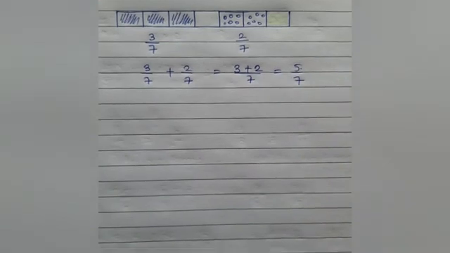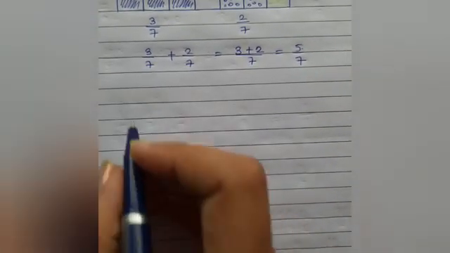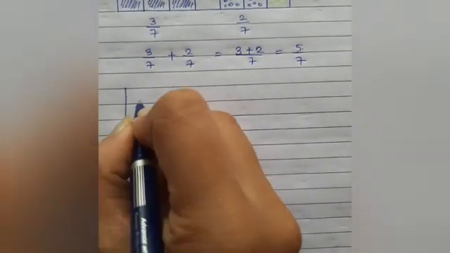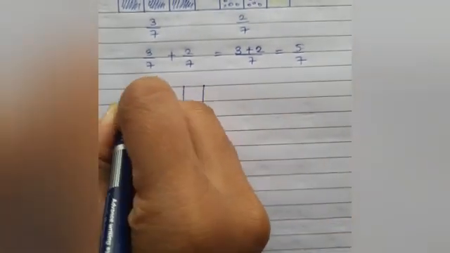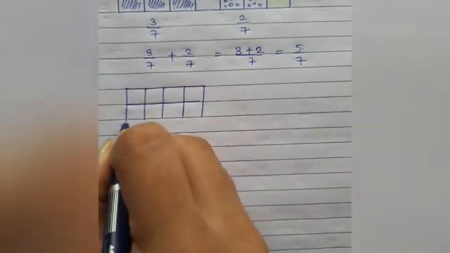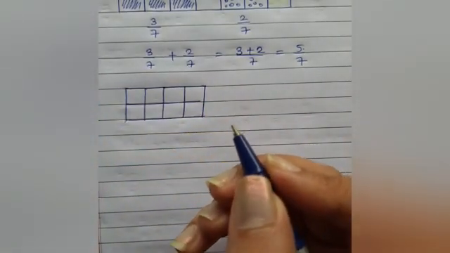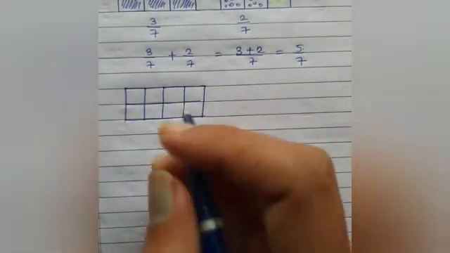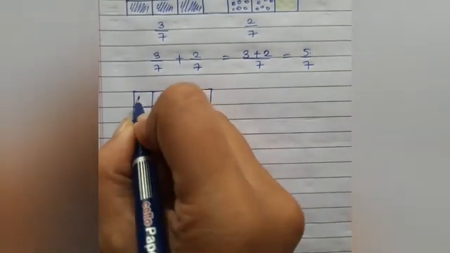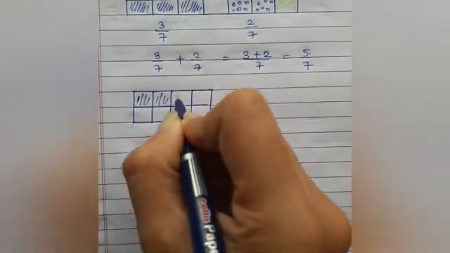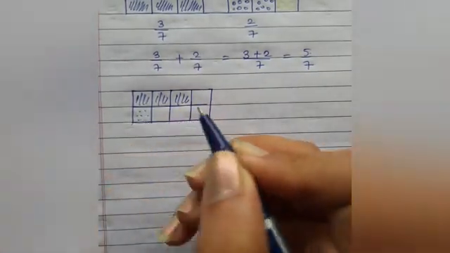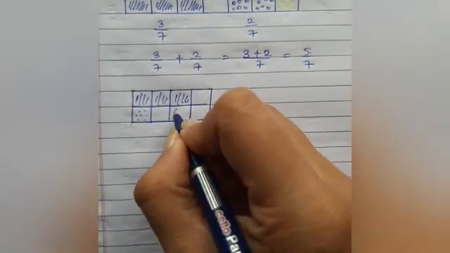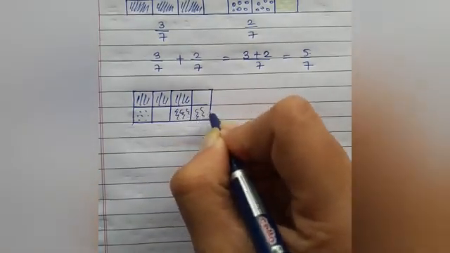We'll take another example. We have a rectangle with 8 equal parts. Here we have 8 equal parts with different categorization of each part. These 3 parts are different, this one part is different, and these 2 parts are different.